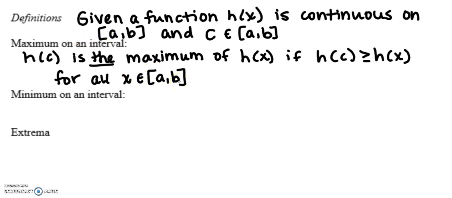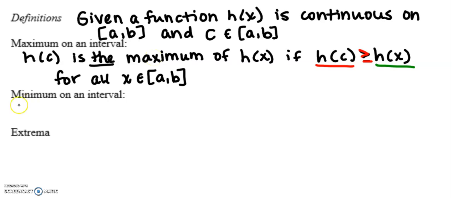Now, what that means is that this y value, h of c, is greater than or equal to all of the other y values. Basically, the tallest in the room. h of c is the maximum if it's the tallest output.